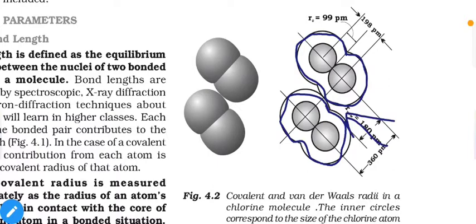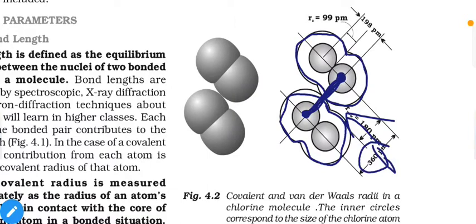When we place two different chlorine molecules close to each other, there is a limit on how small the distance can be. So this is the possible minimum distance, the distance between two adjacent molecules' nuclei. This is the distance from this point to this point, which is 360 pm.